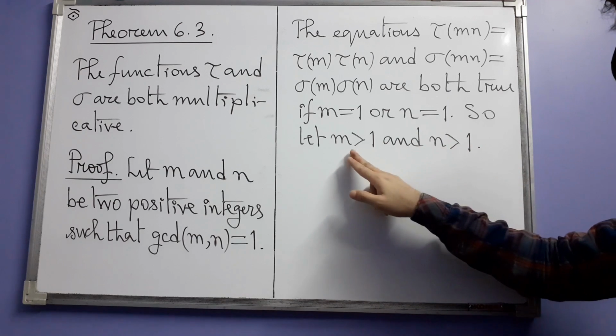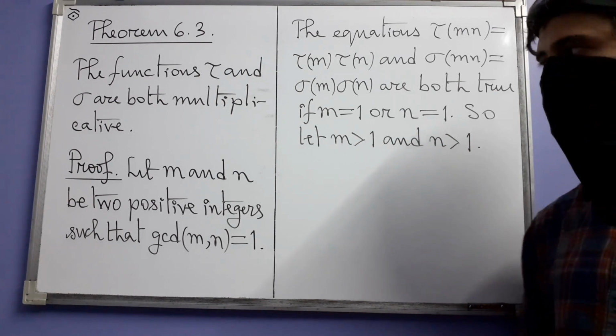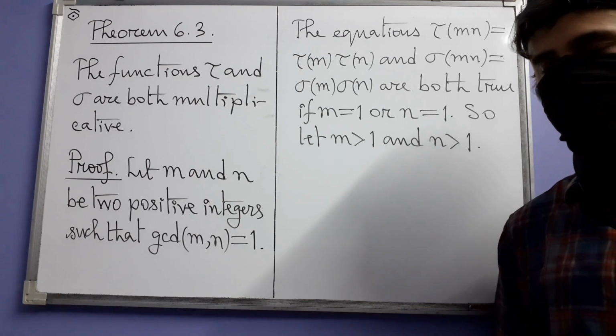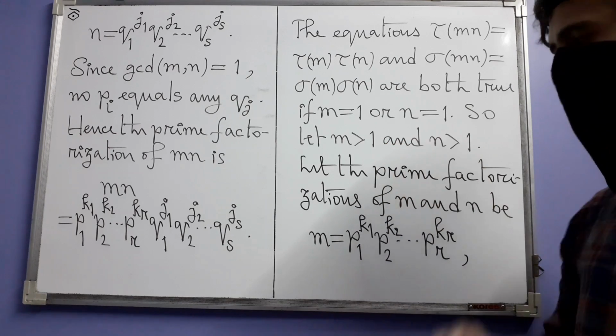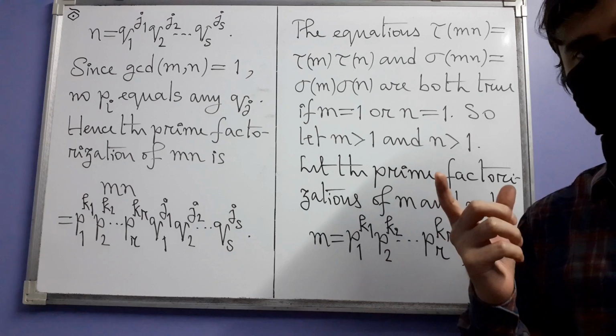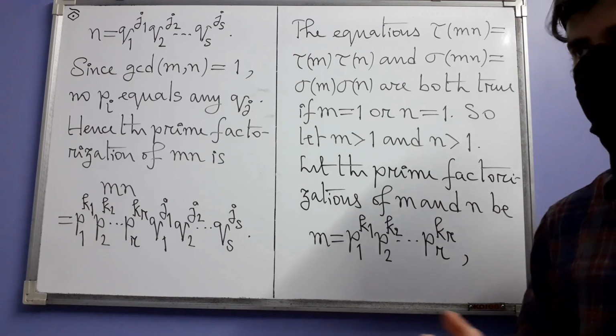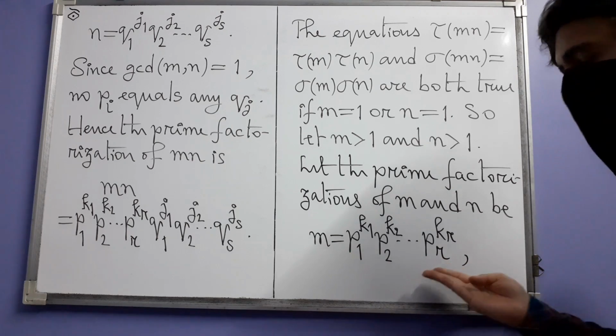So now we can consider the case where m and n are both greater than 1. What shall we now do? Since m and n are both greater than 1, by the fundamental theorem of arithmetic, each one of them has a unique prime factorization, where if you take the same primes together, you can write them in canonical form like this.